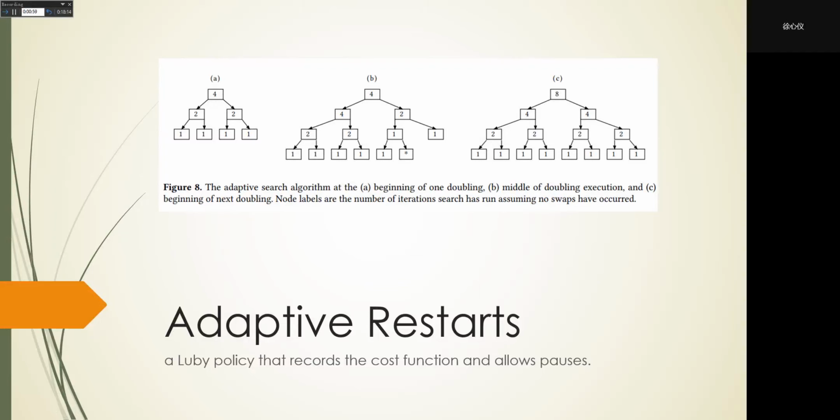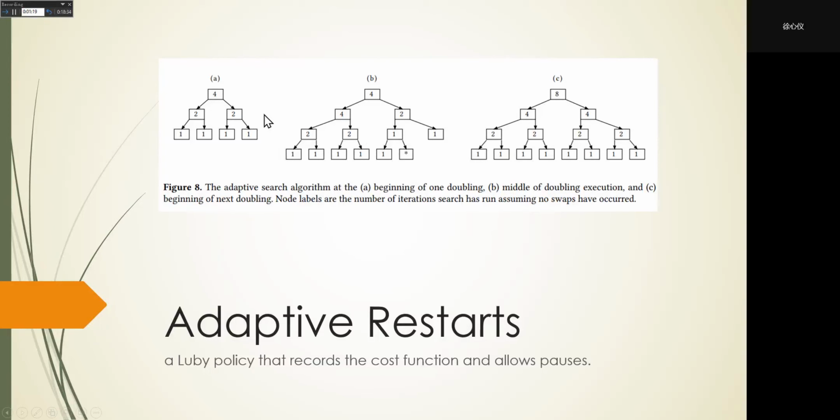Then it gives each leaf node some small leaves.